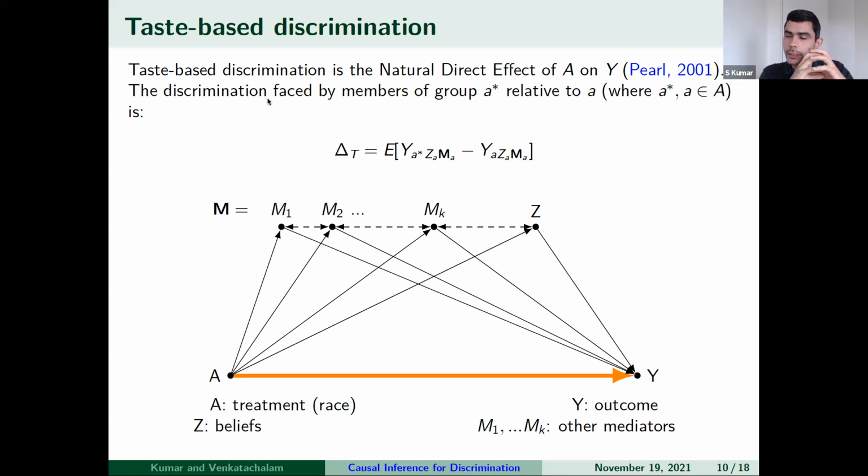Instead, you're holding the mediator fixed at the pooled distribution for black and white, and then switching the race from white to black, which is going to give you some causal estimate, but it's not really the one you're after if the definition you're after is taste discrimination. Yeah, okay, agree. So that's my criticism of the Blinder-Oaxaca, but in general, of the regression-based approach more generally. Okay.